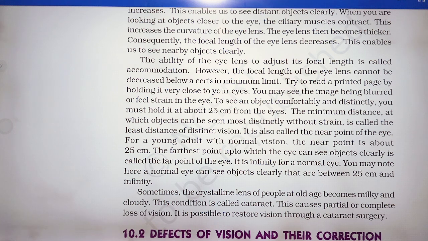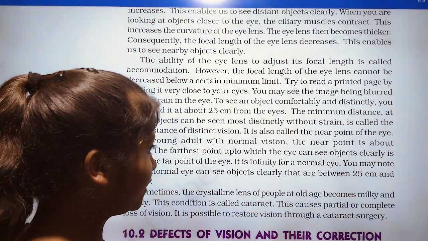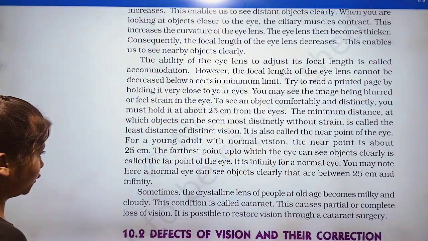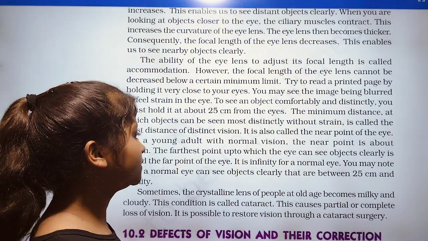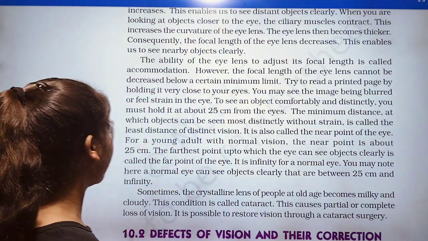The farthest point up to which the eye can see objects clearly is called the far point of the eye, and it is infinity for a normal eye. For a normal eye, the minimum is 25 centimeter. A normal eye can see objects clearly between 25 centimeter and infinity.